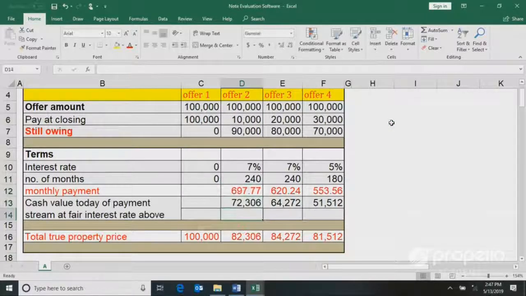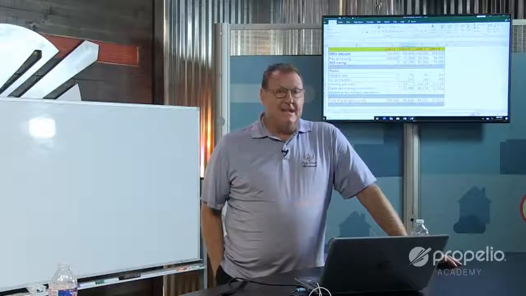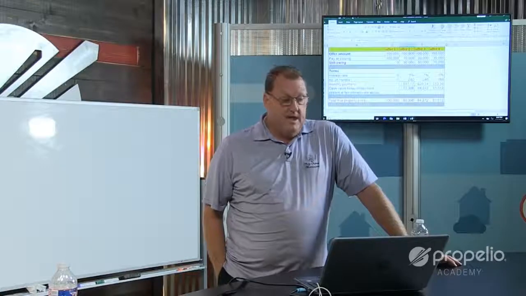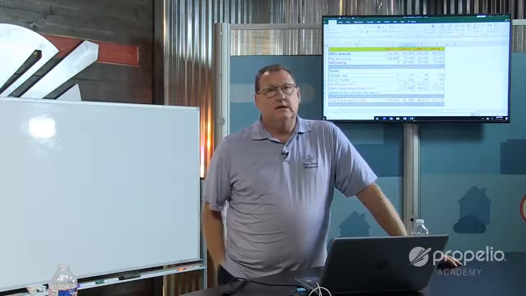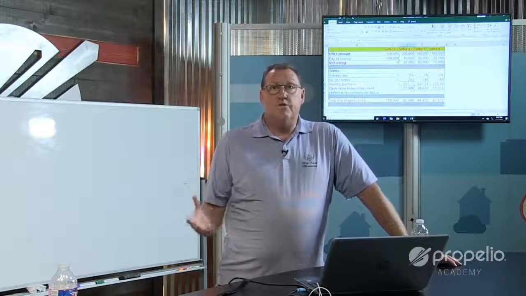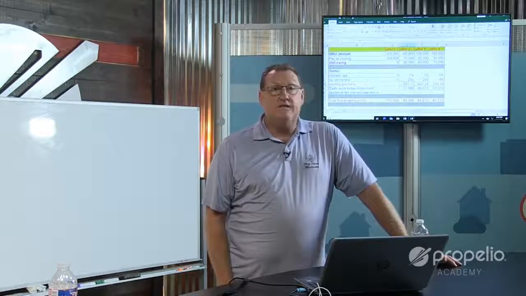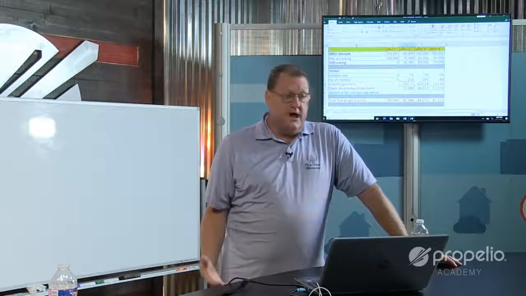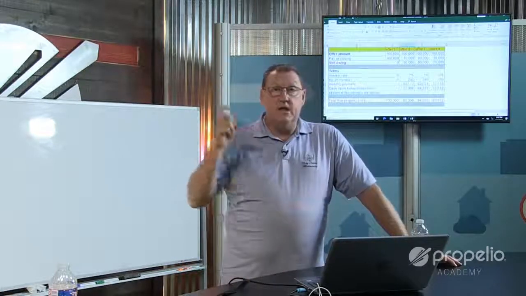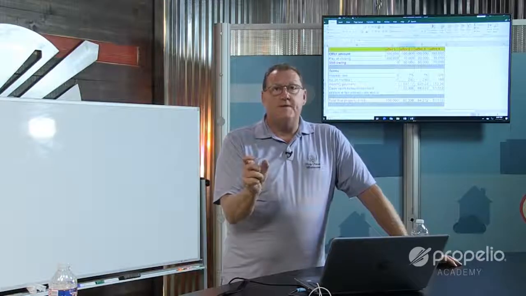Well, 7% at 240 months actually drops the payment, okay? Drops the payment to $697.77, but increases your cash from $78,000 to $82,000. So it jumps $3,000. Higher interest rate, longer term, smaller payment amount.